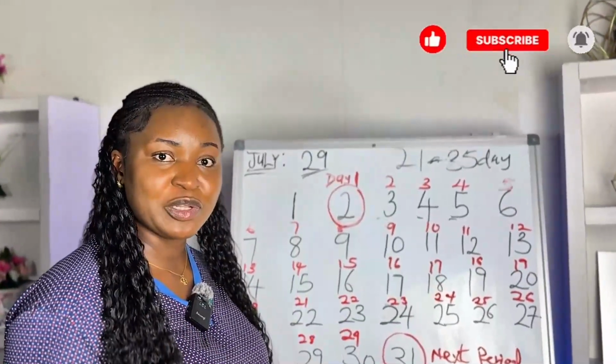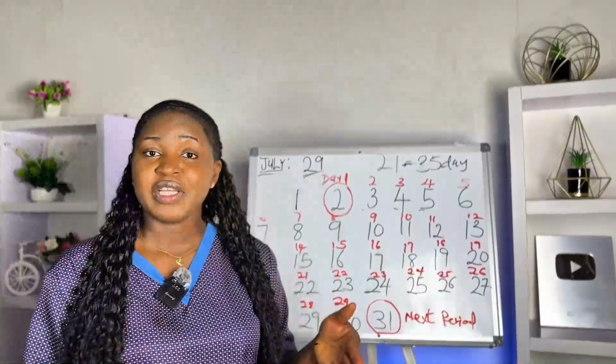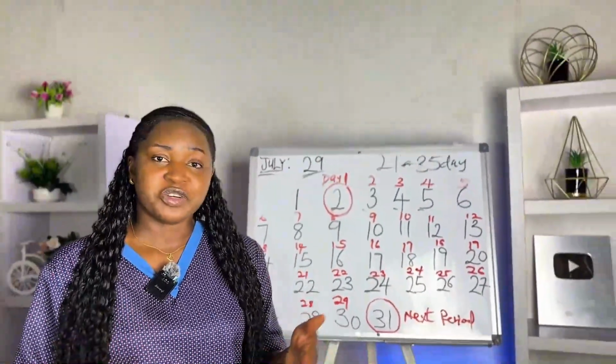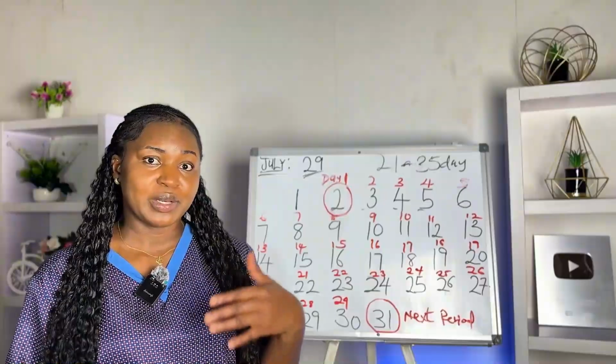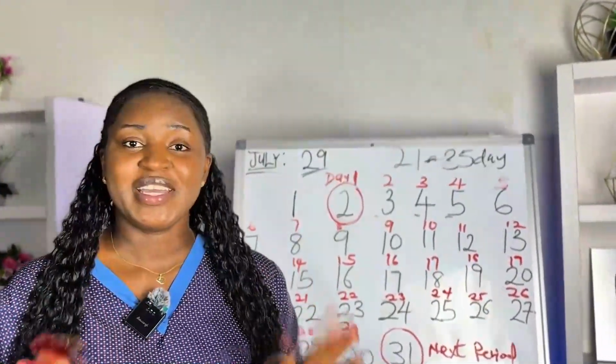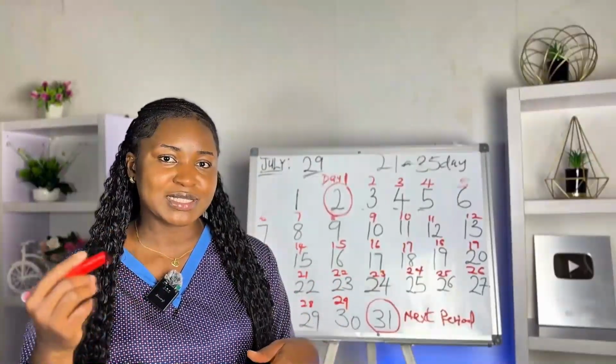So the next thing we're going to be looking at now is how to calculate your ovulation day. Ovulation usually happens 14 days before your next period begins. And it's not the middle of your cycle or day 14 of your cycle like most women assume. It's 14 days before your next period. Now, the easiest way for you to calculate your ovulation is to see 14 as a constant number.